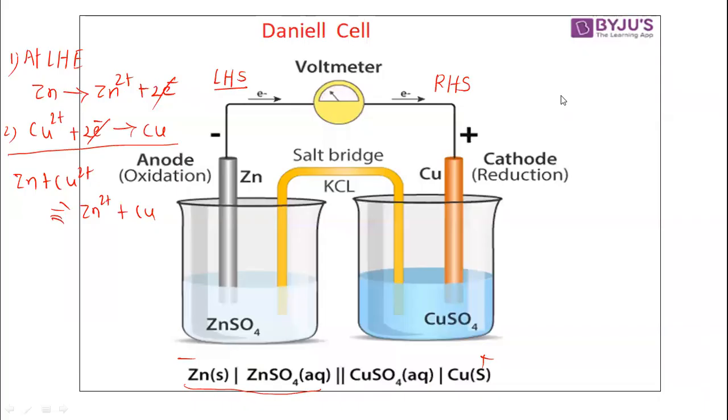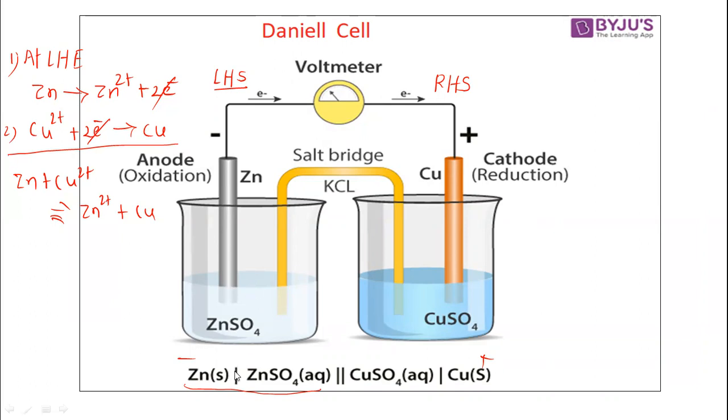You can see here the diagram belonging to the Daniell cell. This is the zinc electrode, and this zinc electrode is dipped in the solution of zinc sulfate. So the single vertical line means that there is a direct contact between this electrode and this solution.